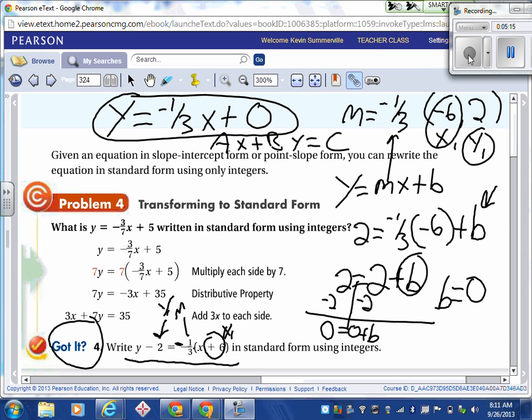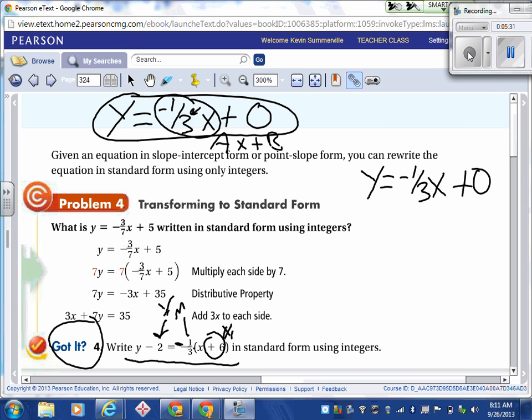So I need to move that number over, right? But what is that bottom number? A 3, which means I've got to multiply everything by 3. So I rewrite the equation, y equals negative 1/3 x plus 0.